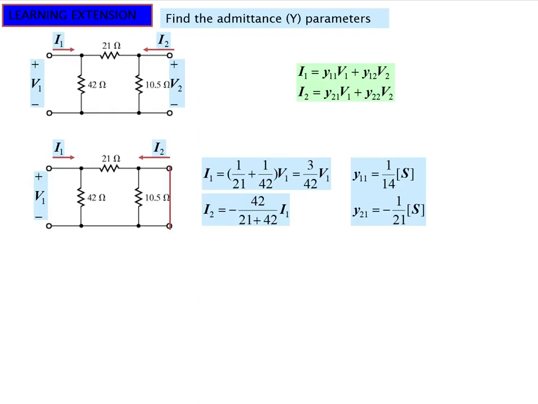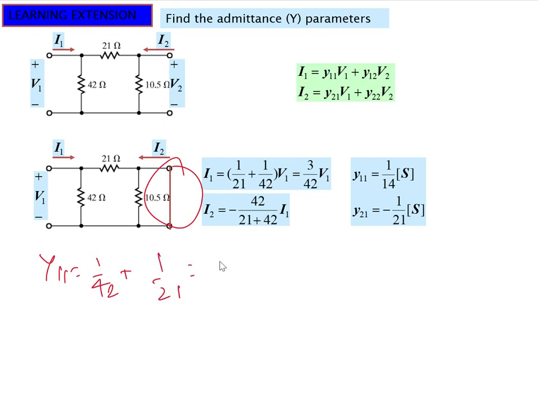In this example, we are again calculating the admittance parameter. So the method will be the same. What was the method? To make the first side short circuit, and the second side short circuit, and then calculate Y11 as 1 over 42 plus 1 over 21.